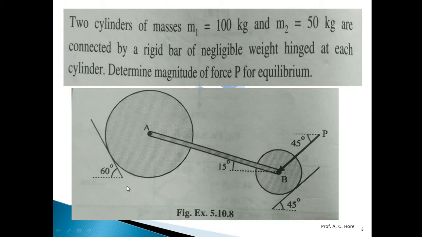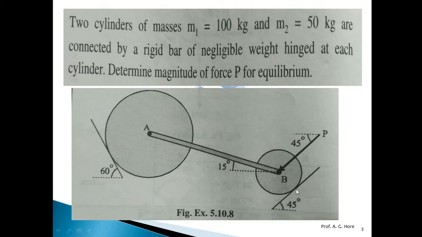Now this inclined plane has an angle of 60 degrees. So here there is contact, which means a contact reaction is there. Suppose that reaction is R1, which is perpendicular to this surface. Perpendicular means 90 degrees. This is 60 degrees, so the reaction angle with the horizontal must be 30 degrees.